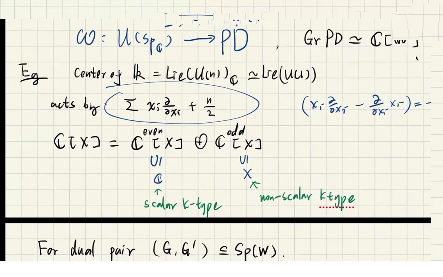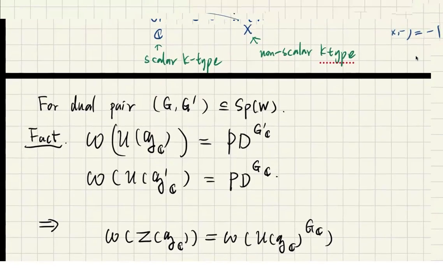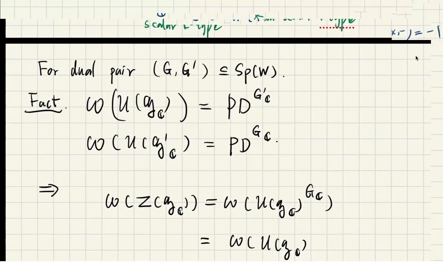Okay, in general, you will have this fact. I should be quick. The fact is that the image of the universal enveloping algebra U(g_C) is actually the G' C invariants of the polynomial differential operators.